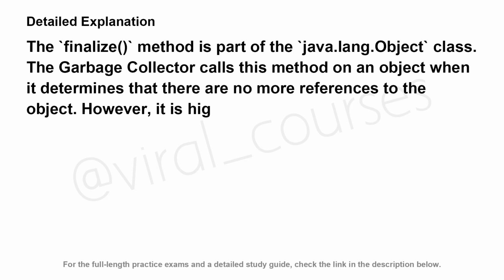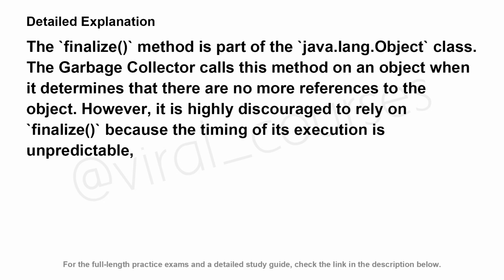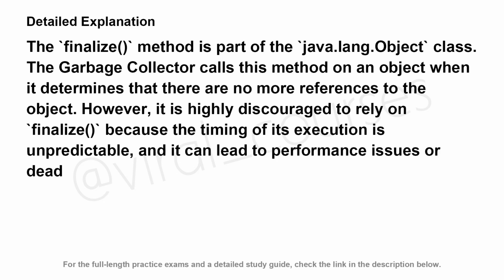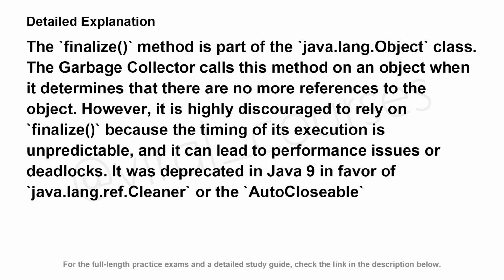However, it is highly discouraged to rely on finalize because the timing of its execution is unpredictable, and it can lead to performance issues or deadlocks. It was deprecated in Java 9 in favor of java.lang.ref.Cleaner or the AutoCloseable interface, try-with-resources.